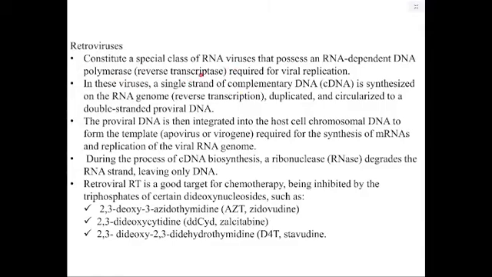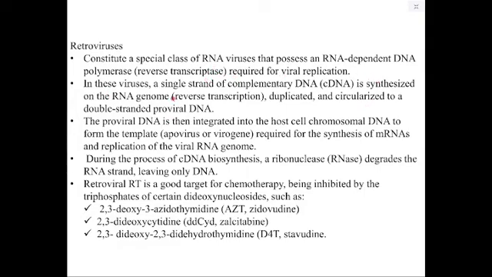Of course, the retroviruses, as found in HIV and AIDS, constitute a special class of RNA virus that possess an RNA-dependent DNA polymerase, and this is what we call the reverse transcriptase enzyme, and it is indeed required for viral replication.